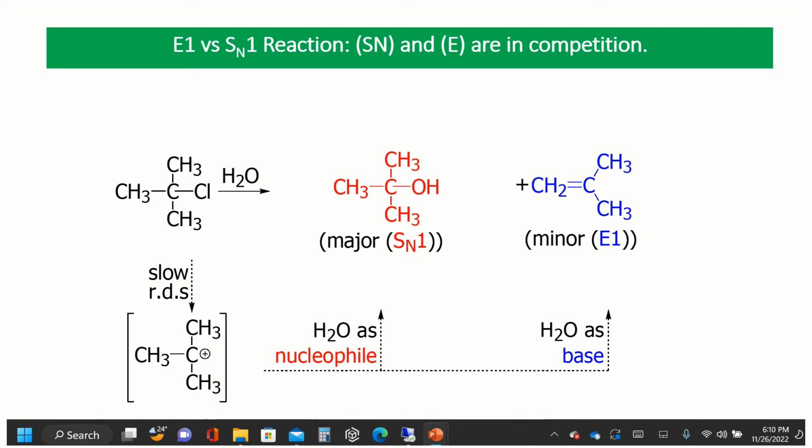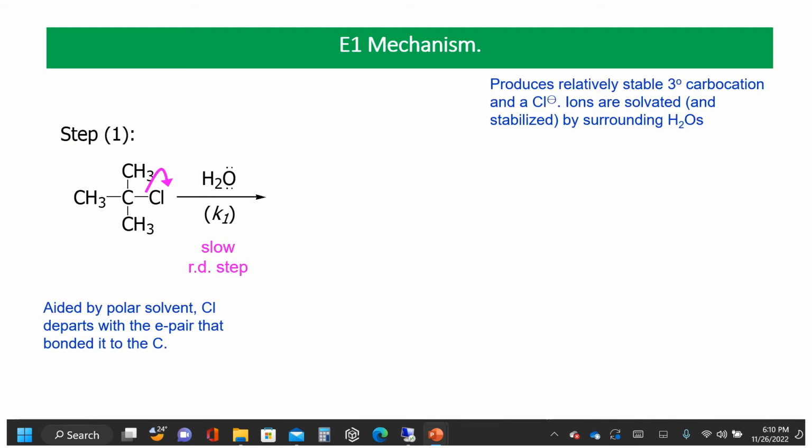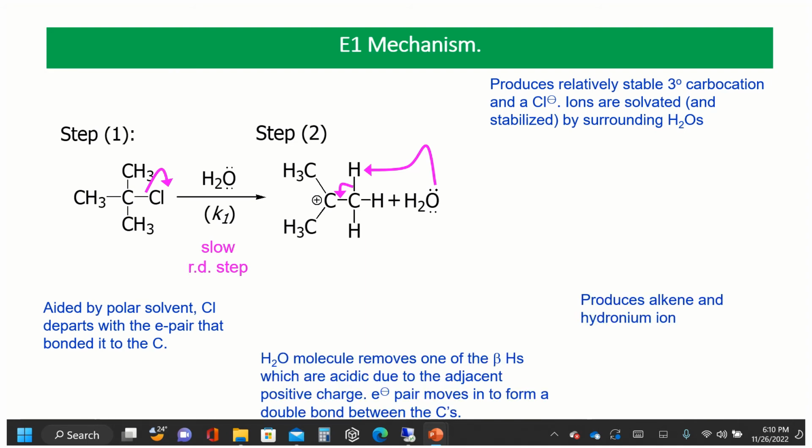The mechanism looks like this. Dissociation to give the carbocation. This is, of course, the rate determining step, and then attack of the base, in this case water, on the alpha proton to realize your alkene. So this is your carbocation intermediate, and after the attack, you realize your alkene.